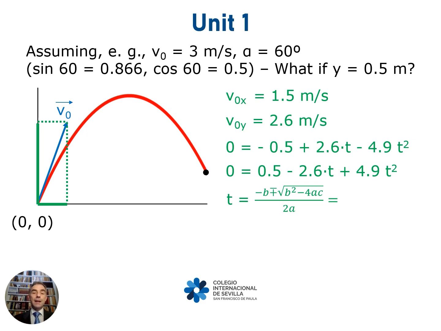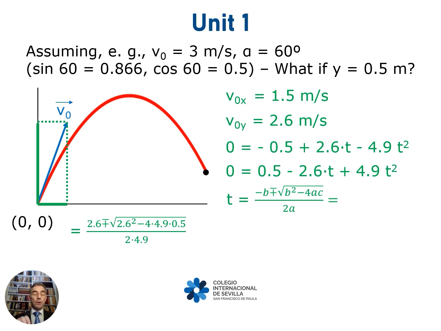We replace the values and we obtain 2.6 minus plus the square root of 2.6 squared minus 4 times 4.9 times 0.5, all that divided by 2 times 4.9.